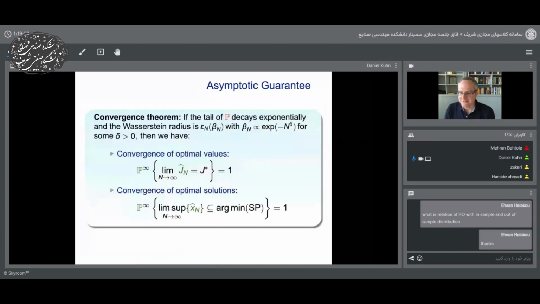So let's look at the second property of our wish list, which is the asymptotic guarantee. We can actually prove the following theorem.